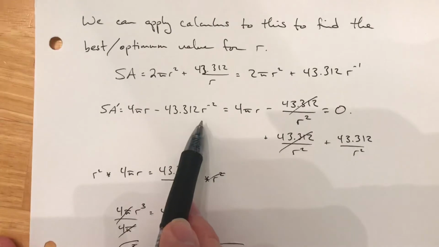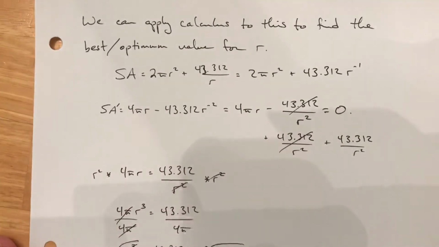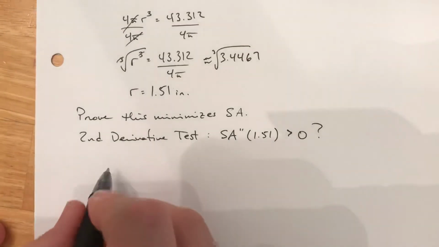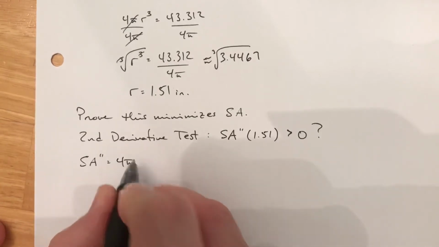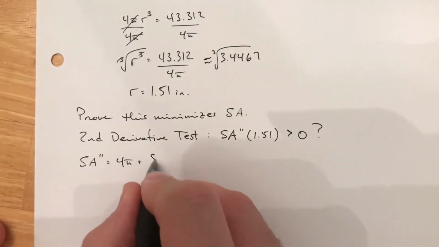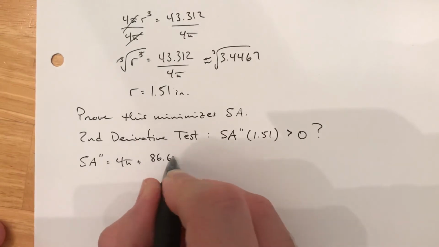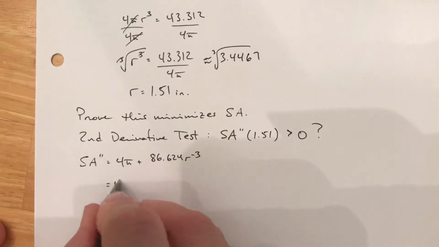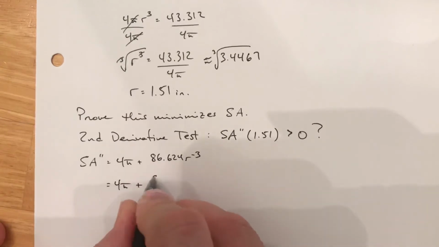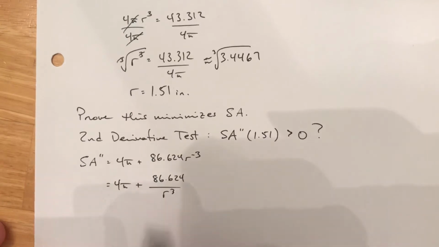Go back up to SA prime, and we can find that SA double prime is 4 pi plus 86.624 r to the negative 3. That's 4 pi plus 86.624 over r cubed.